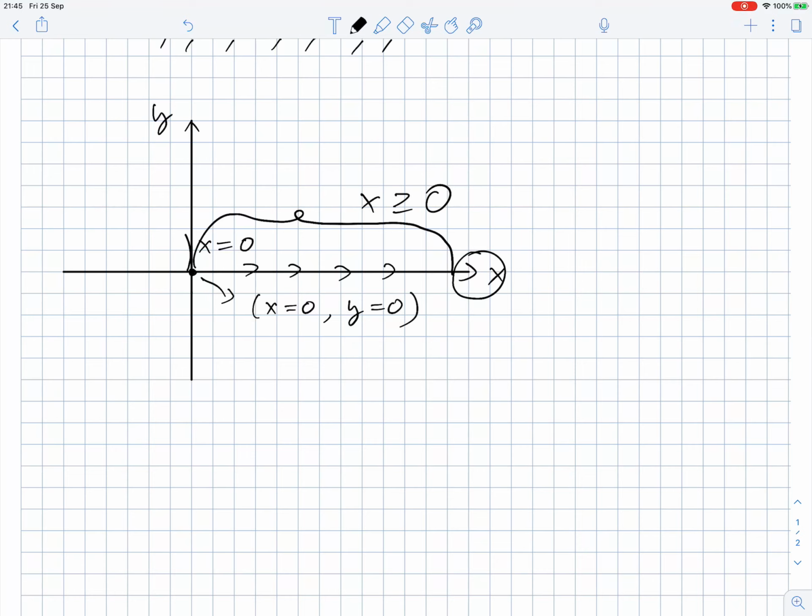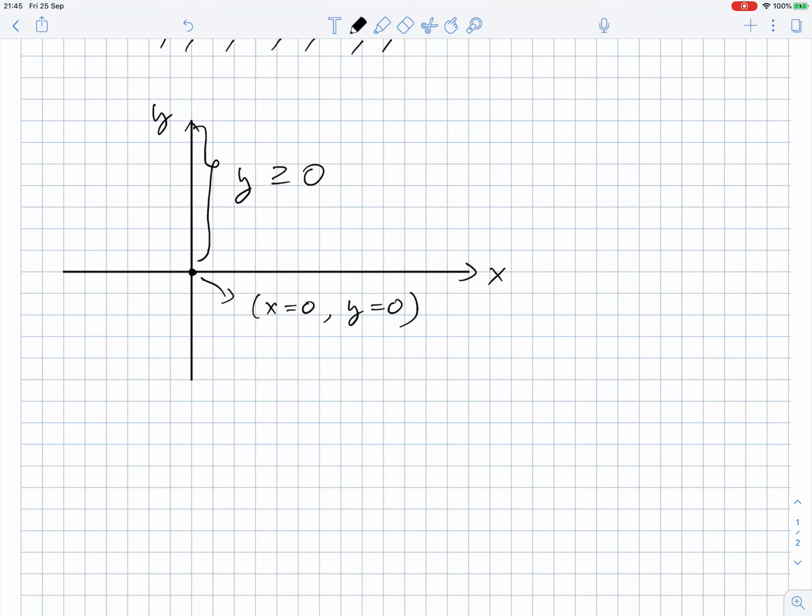And in this area, all numbers of x will be less or equal to 0. The same goes for the y-axis, which means in this area y will be greater or equal to 0, and in this area y will be less or equal to 0.